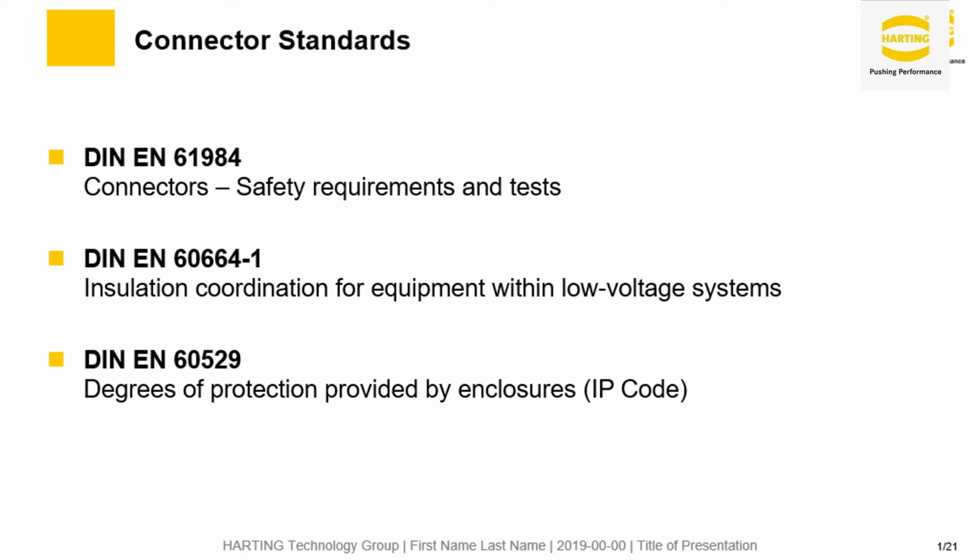This is a connector safety spec, which describes how to build a connector. And there's another spec for insulation coordination, which is a general spec for nearly all electrical equipment. And then we have the safety spec for the degree of protection, mainly for the housings, the IP rating.